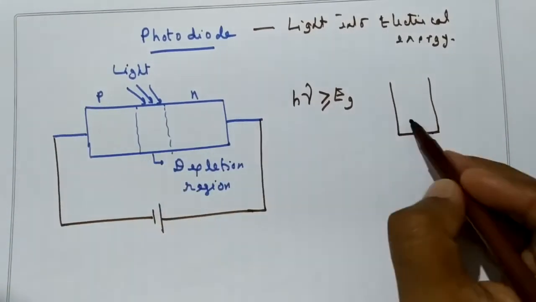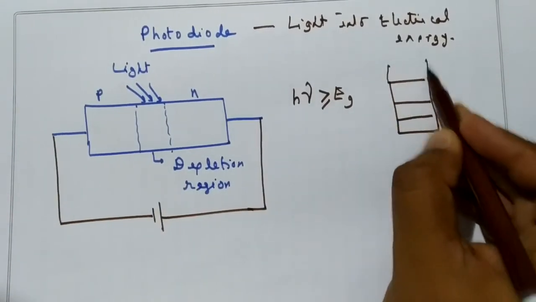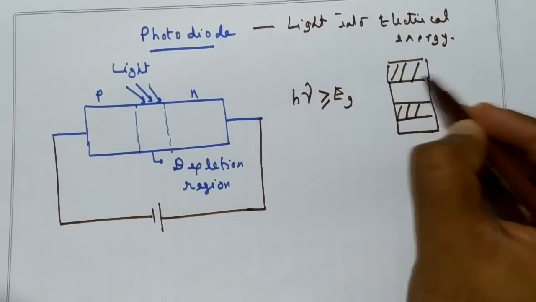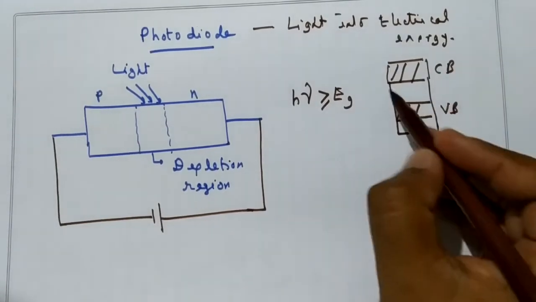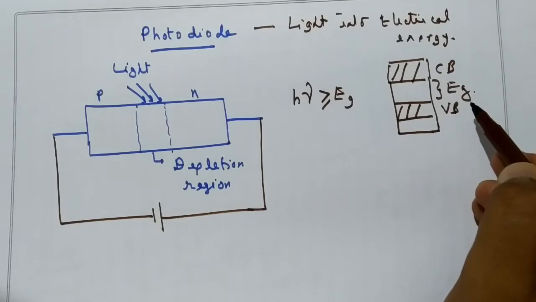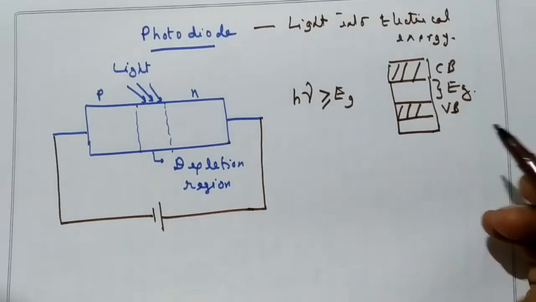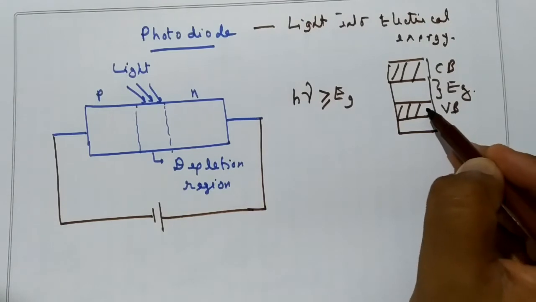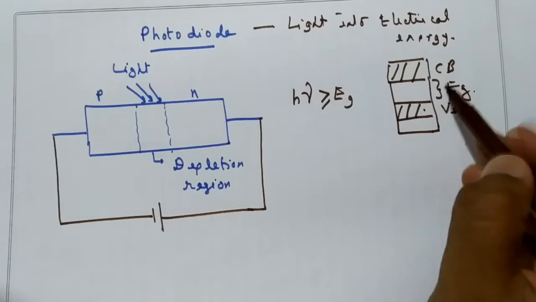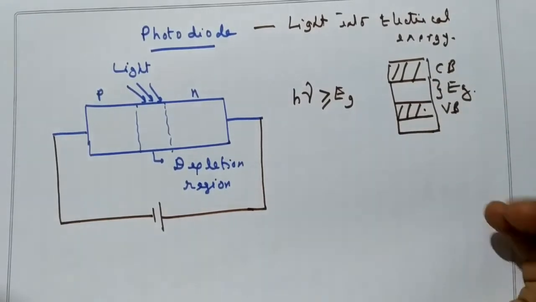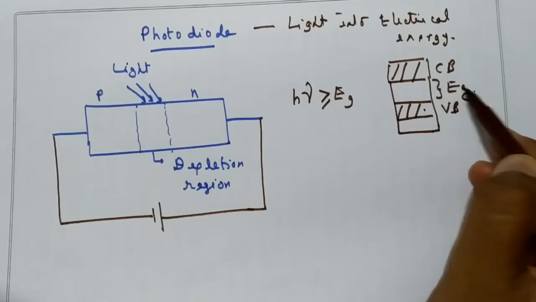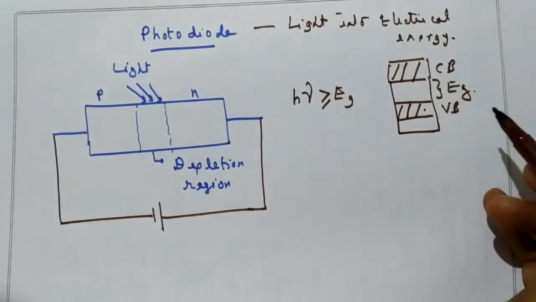When the electrons are liberated, see, this is the valence band and this is the conduction band, and electrons require this much energy, that is nothing but the forbidden energy, to go from the valence band to the conduction band. Then only holes are created in the valence band and electrons in the conduction band. That is, electron hole pairs can exist only when the electron acquires energy equal to or more than Eg.